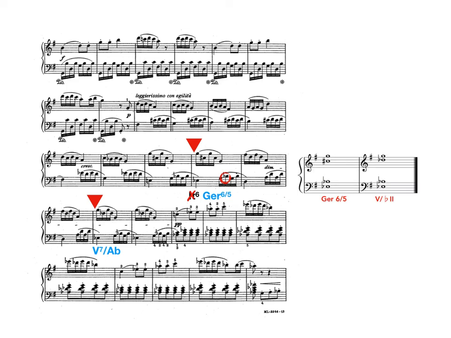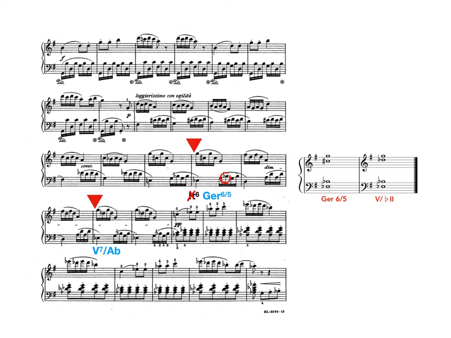So just take a moment to compare these two harmonies, both in the repertoire and then in the simplified version to the right. And of course, the only way to tell the difference, if you're listening, is by the way they resolve.